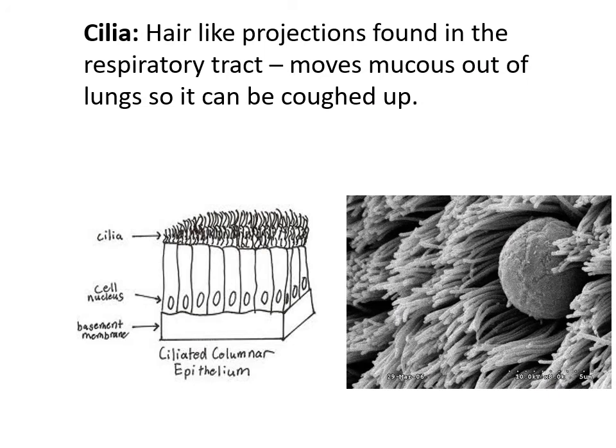Okay, so here's an example of epithelial tissue in the respiratory system, in the bronchial tubes, and they have cilia, which are hair-like projections that come from the cells, and they allow for movement up and out of the respiratory system.